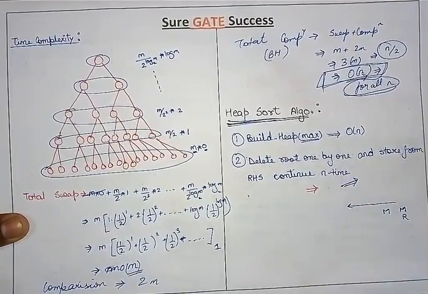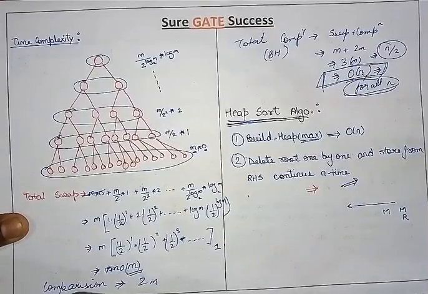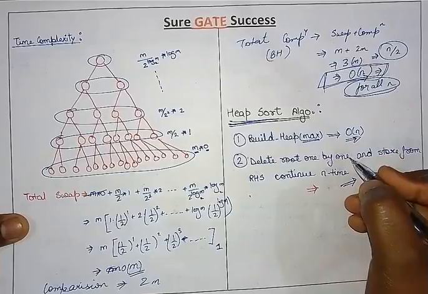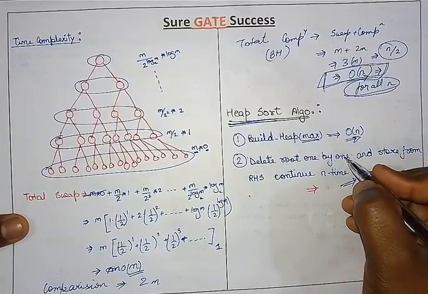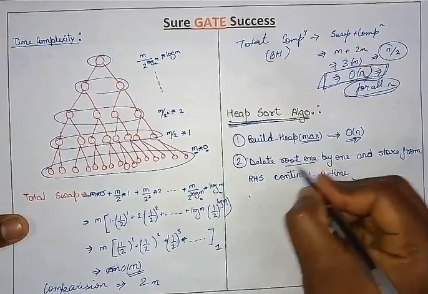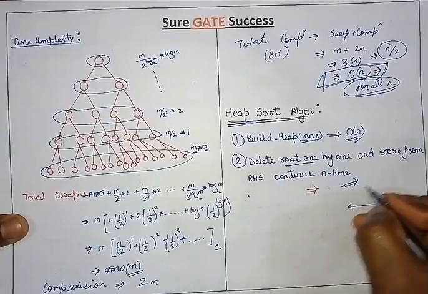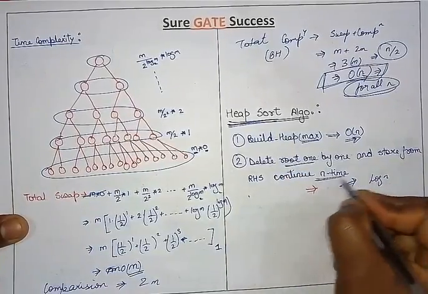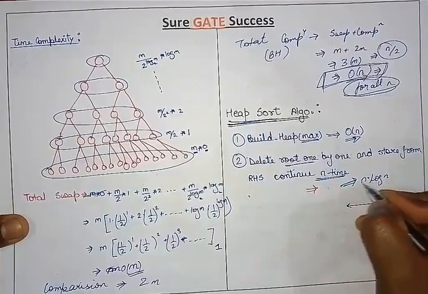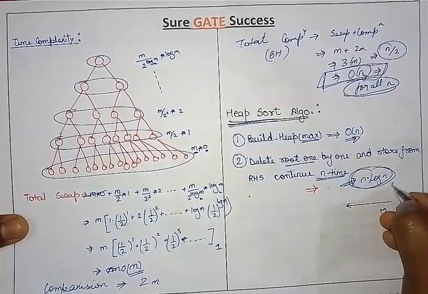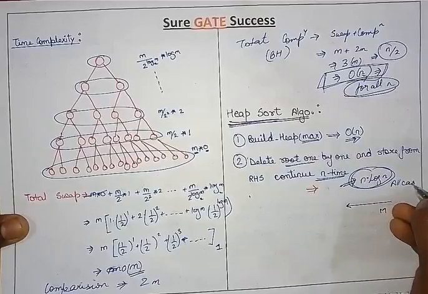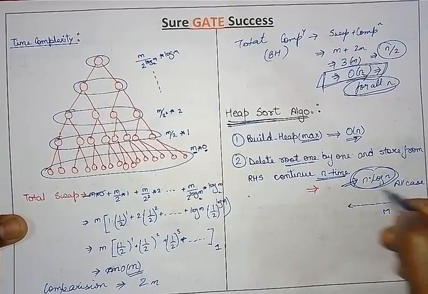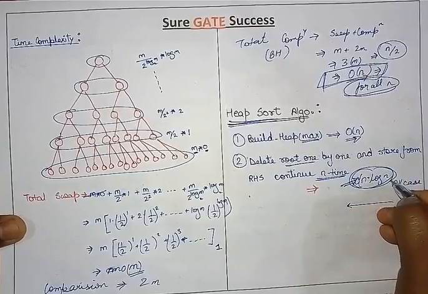What will be the time complexity of heap sort? We know that building a heap will take order of n, and deletion will take log n, and we have to do it n times, that means n log n. So it will be order of n log n for all cases, that means worst case, average case or best case, for heap sort.